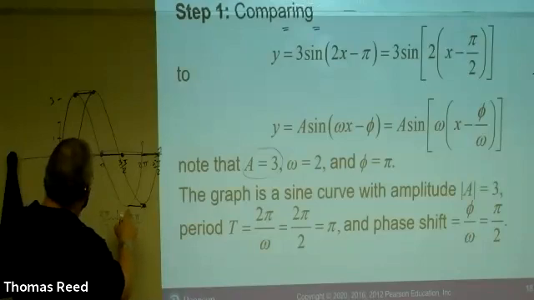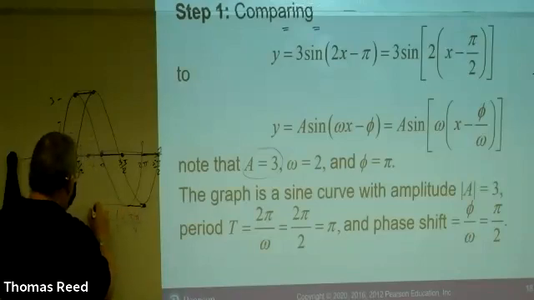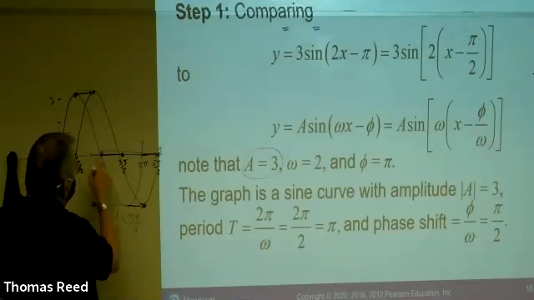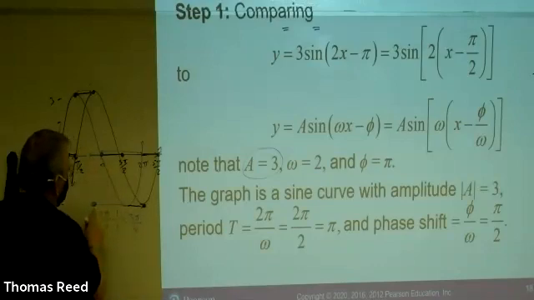Wait a minute, I didn't, 3/2 pi. That's this point here gets moved back to here. Okay. So it wasn't this point I was moving. It was this point I was moving.